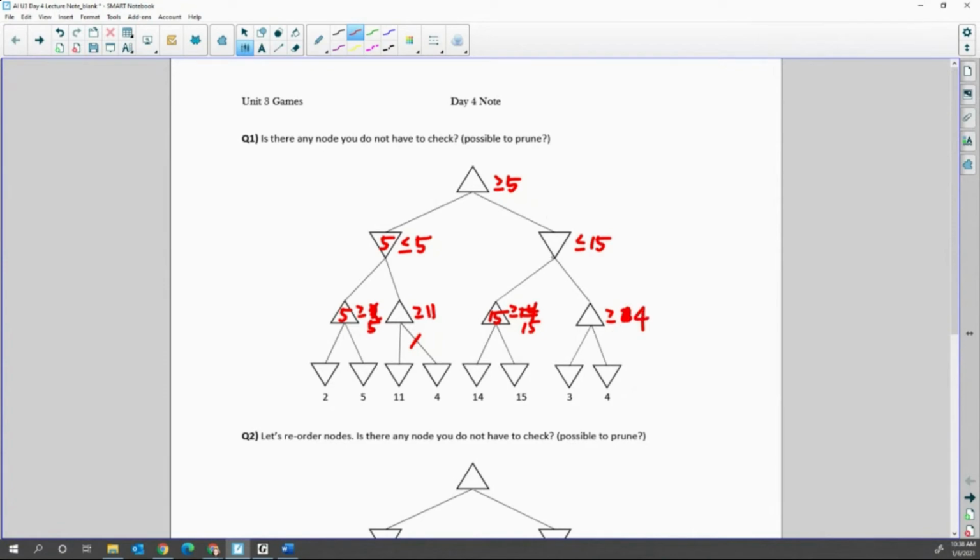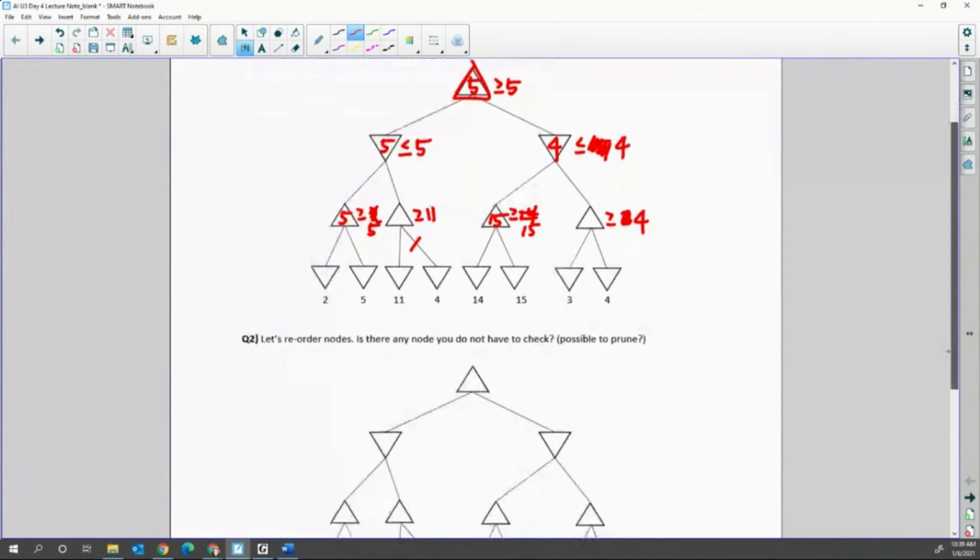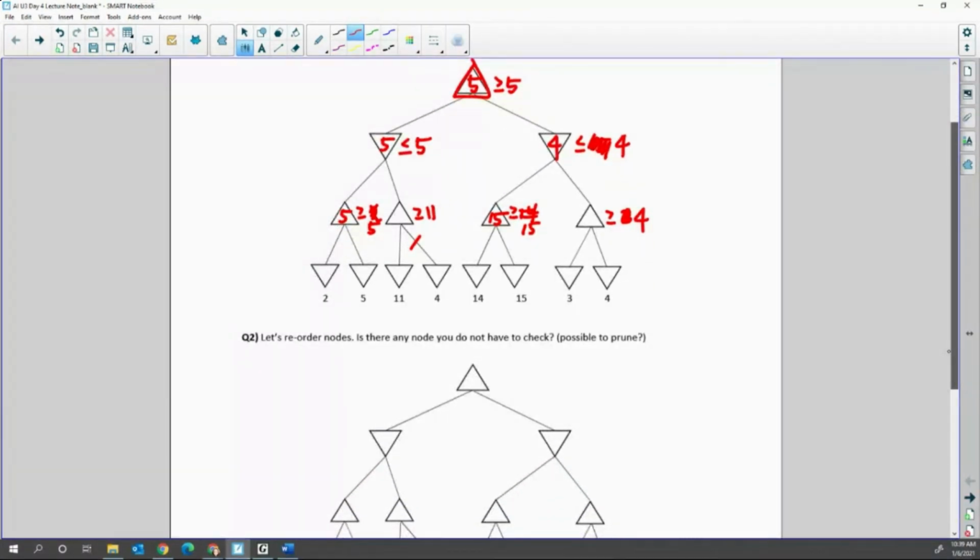That means the upper min node now guarantees less than or equal to 4 as the value. Then there's no more successor, so 4 is returned. The max node is already guaranteed greater than or equal to 5, so 4 is not needed, so it returns 5.